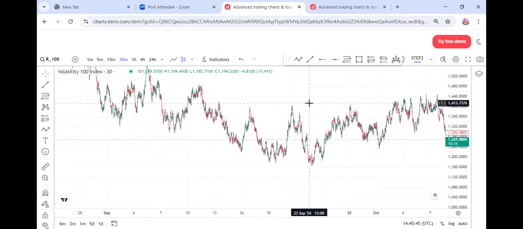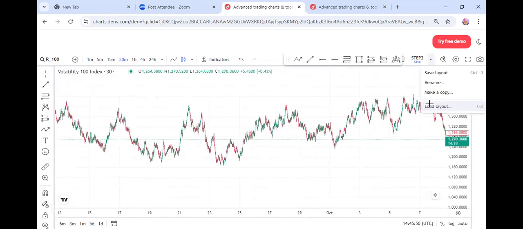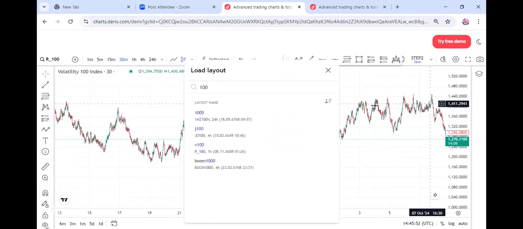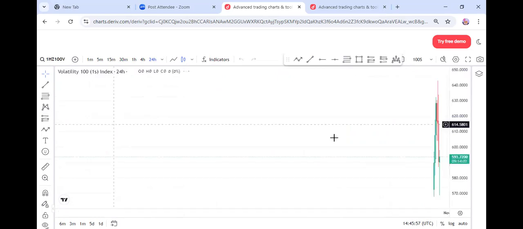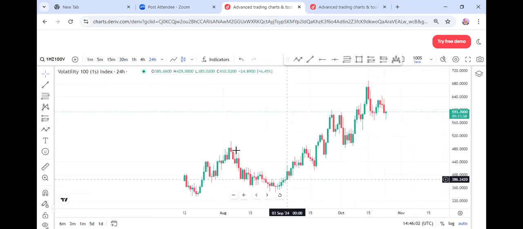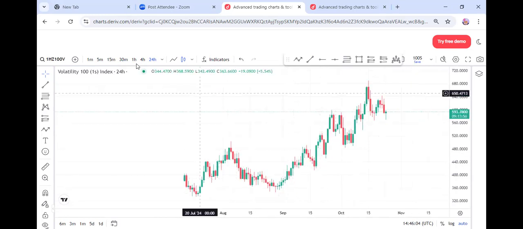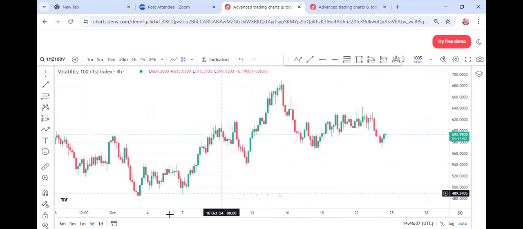I kind of spotted one here. Okay, let me just show you this. V100, the 101 index. We have this in the 101 index. Let me zoom in so you can see it very well.